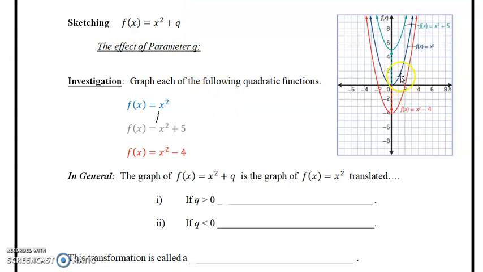The first one, you'll notice that when you add a value to it, that's q, the y value of the vertex, you would be right in saying that. This actually moves the graph up or down. So if q is greater than 0, so basically positive, the +5 in this example, the graph shifts up.